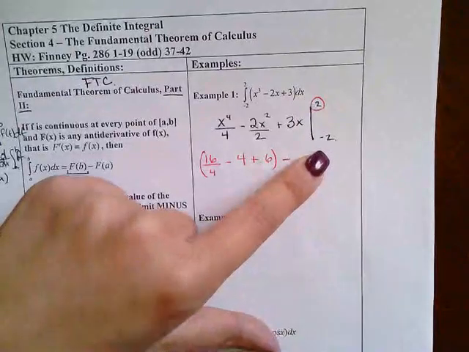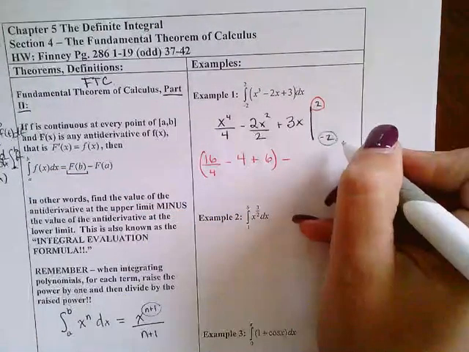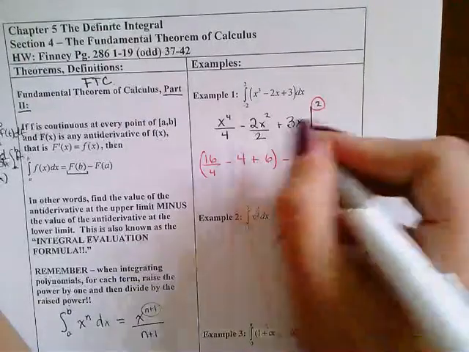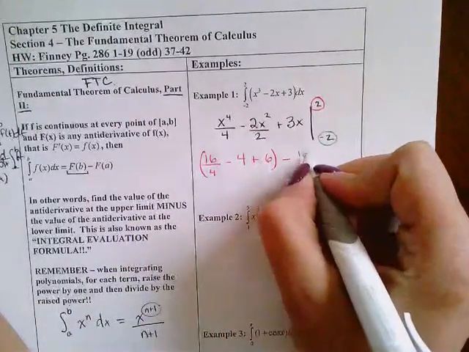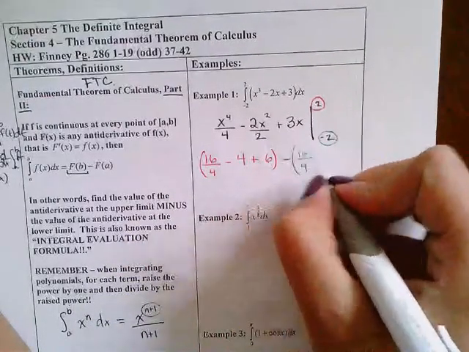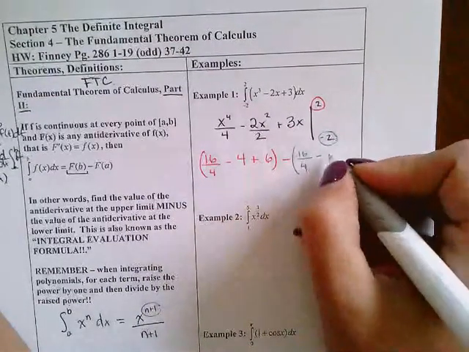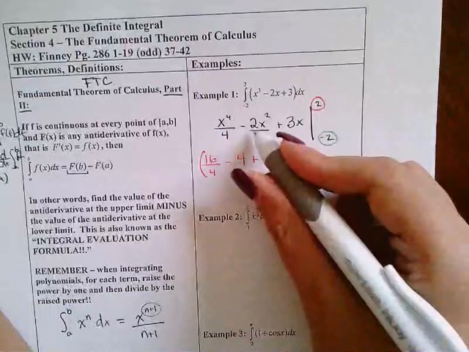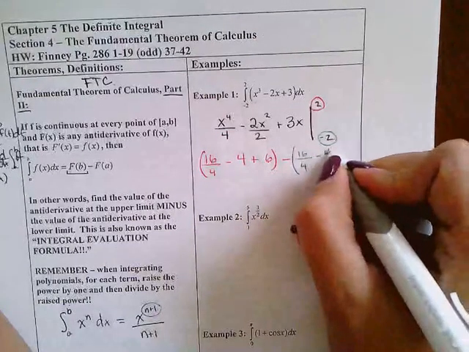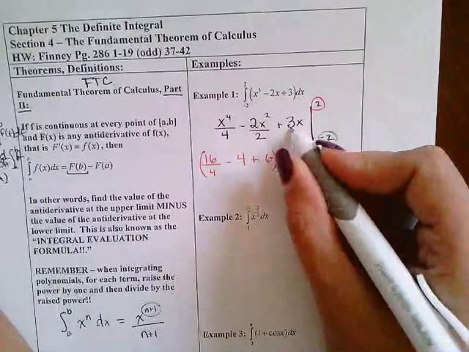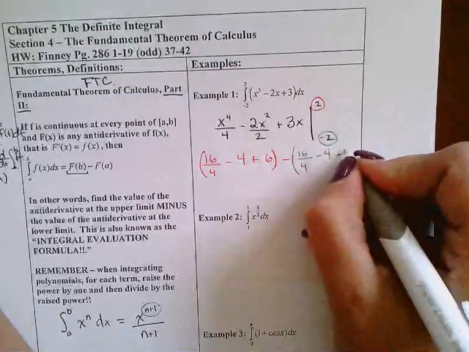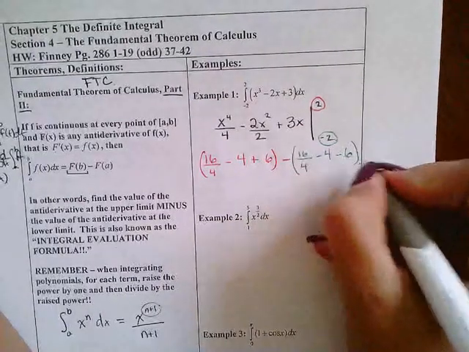Now I'm going to plug in the bottom one, the lower limit. So negative 2 to the 4th is 16 over 4 minus negative 2 squared, which is 4, times 2 is 8, divided by 2 is still 4. And then here, 3 times negative 2 is negative 6.